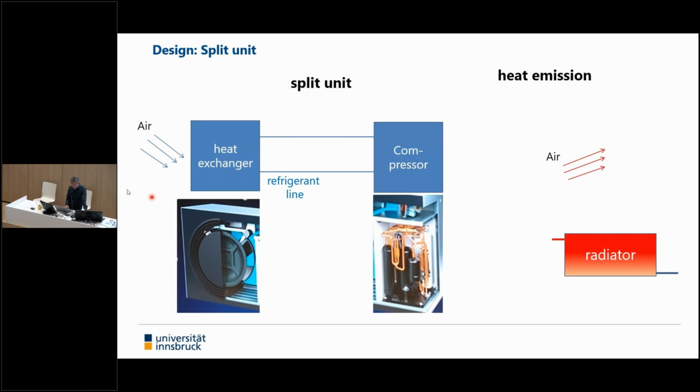So the heat exchanger is outside, the compressor is inside. But then you have the refrigerant also indoors. So you are limited to this 150 for avoiding inflammability or explosion. This can emit heat by air or radiator.